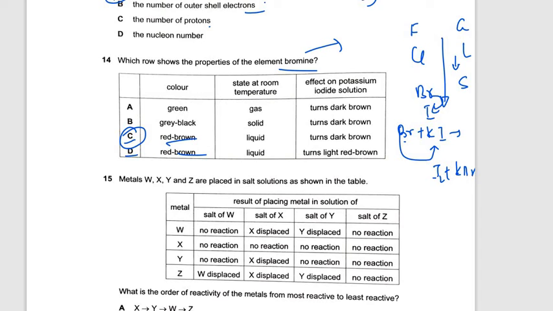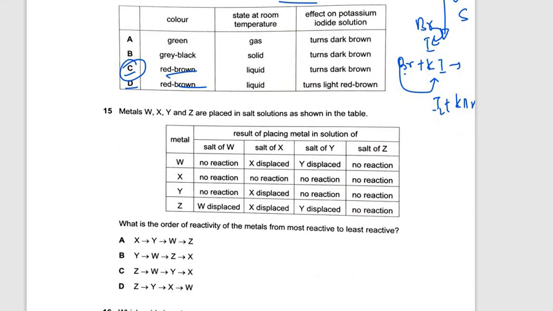What is this? This is called reactivity. Whatever the highly reactive element is, it displaces the lower element from any kind of salt in the reaction. So it's a similar kind of question. If you look at the metals W, X, Y, Z, this is asked in almost all levels of paper, so it is a very important question, and I'll give you a clue on how to deal with it.